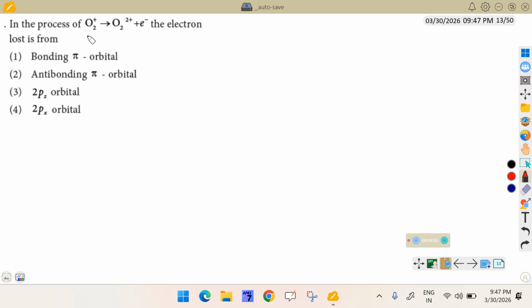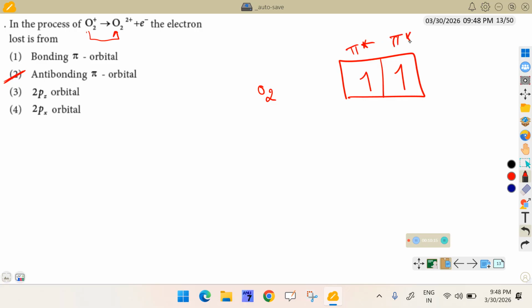In the process of O2+ to O2 2+, the electron lost is from the antibonding pi orbital, because in the O2 molecule two unpaired electrons are present in the pi orbital. If you remove one electron, then O2+ is formed.